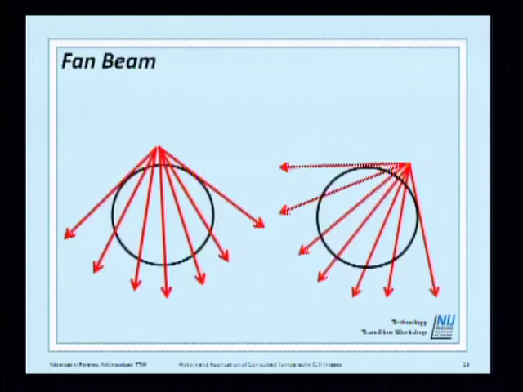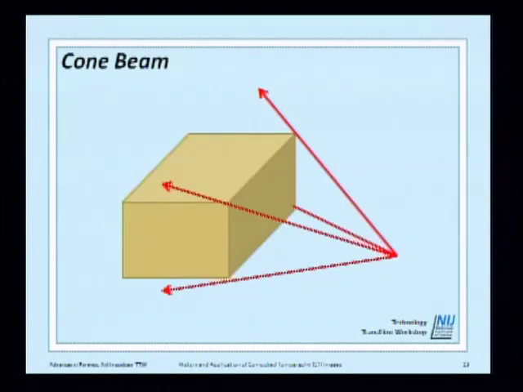Fan beam is exactly as the name suggests. It's like a fan beam. You have a point source and detectors. And then the latest, actually not even in the 4th generation CT, but in the 5th generation CT, is where they use a cone beam. A cone beam is used, if you hear about small animal experiments, where we put the entire animal and take the entire CT of small animals.